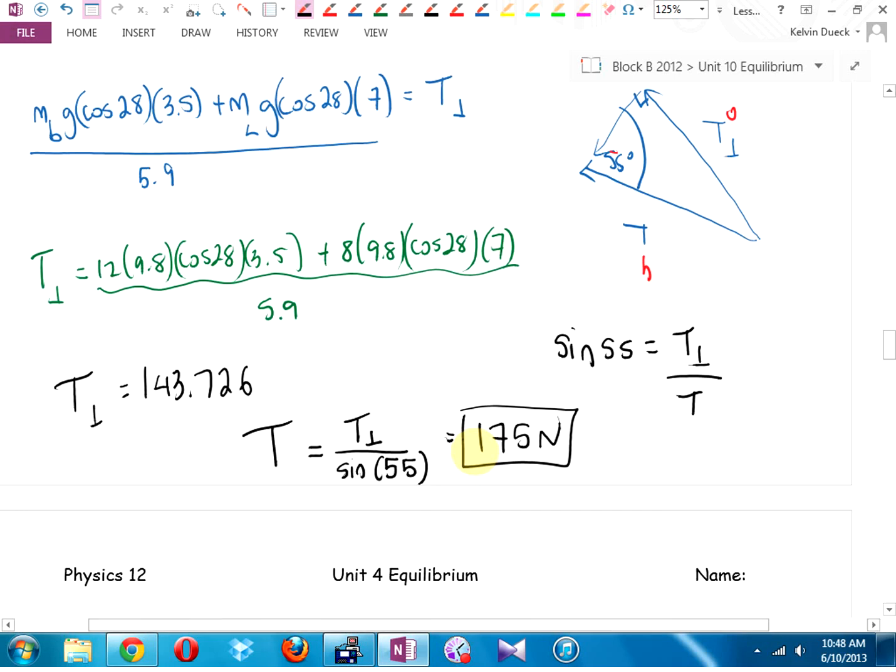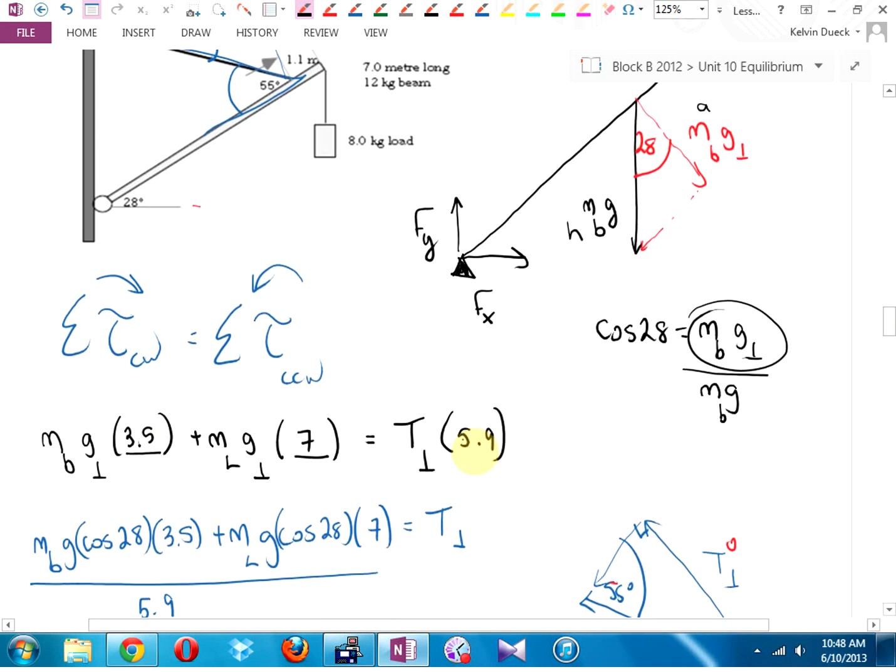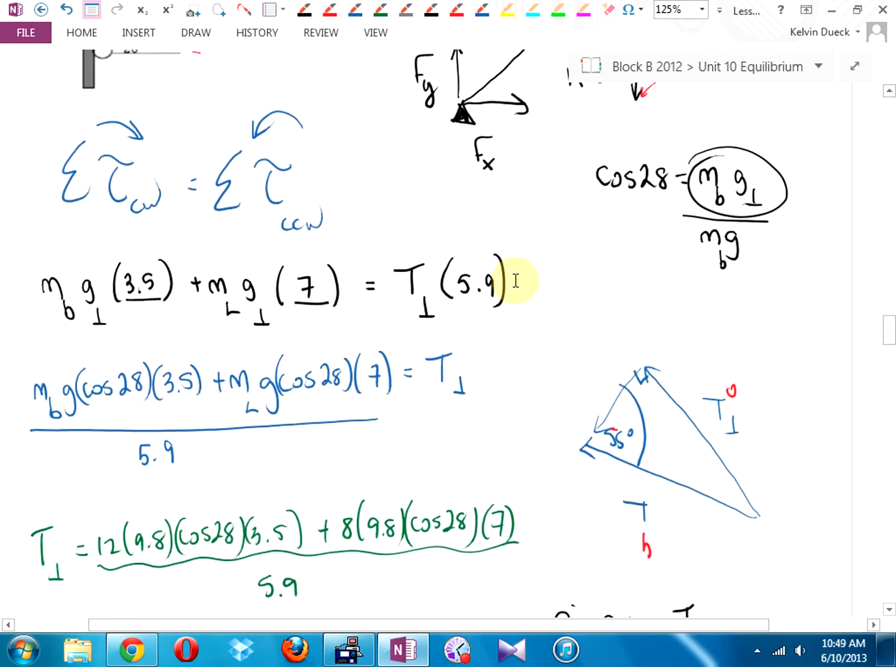By the way, had I been giving you a test, this would have been a B+ level question. What would the mark breakdown be? 1 mark for writing torques clockwise equals torques counterclockwise. I would give you 1 mark for this line here.